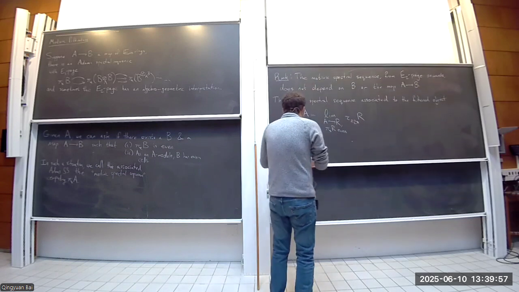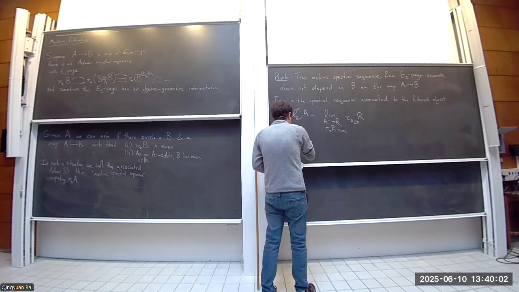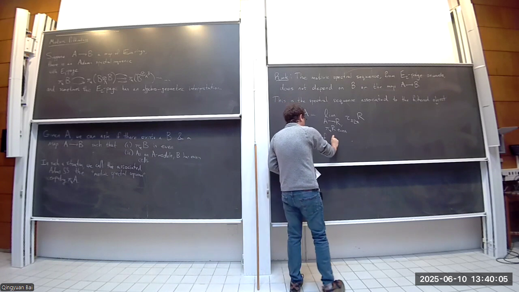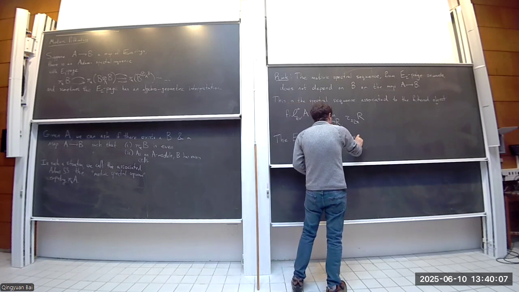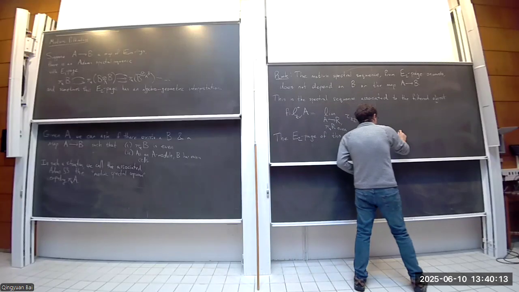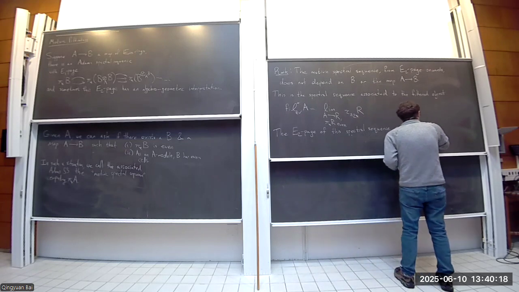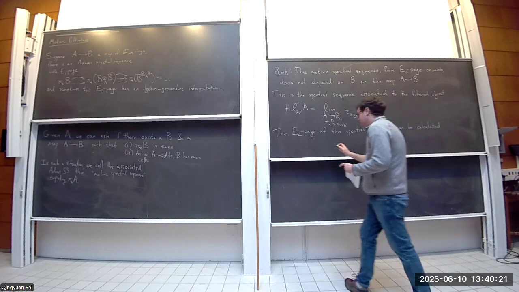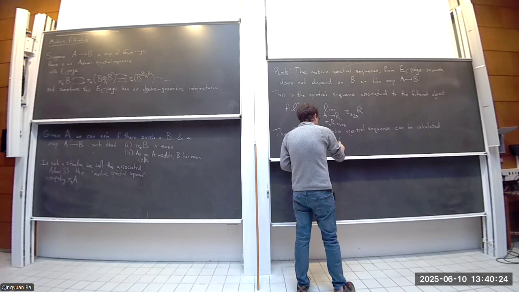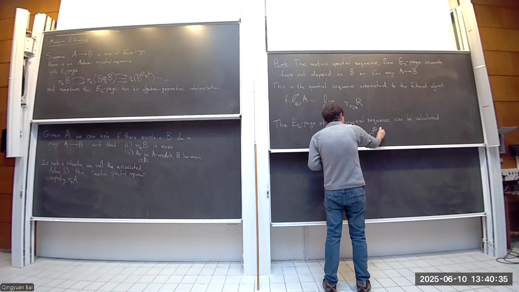Another thing to say is that the E2 page of the sequence can be calculated as homology of a certain stack, twisted in some line bundle.